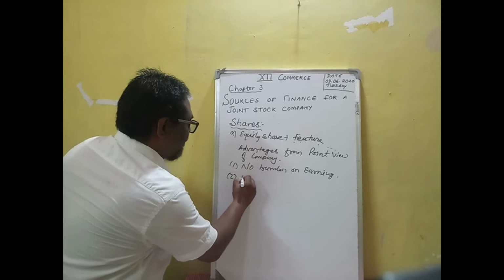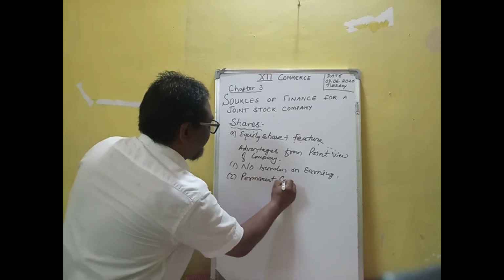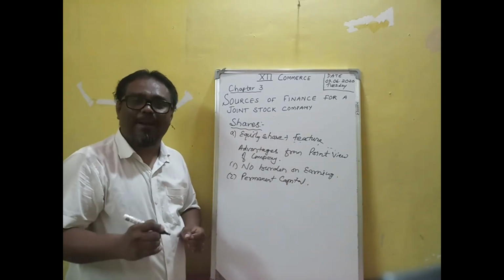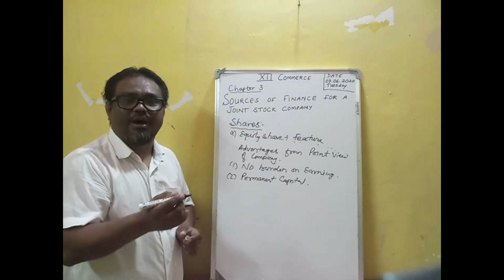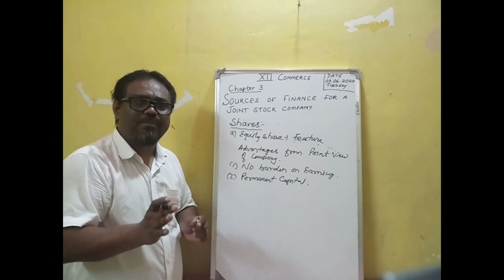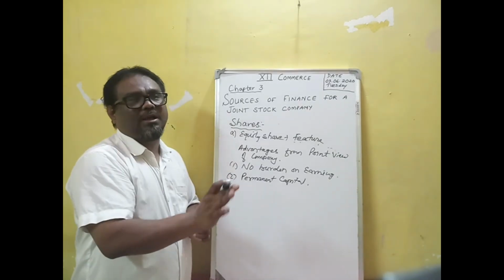Next is permanent capital. The equity share is a permanent capital of the company, because it is not redeemed to the shareholders in the lifetime of the company. Company will refund the capital of the equity shareholders only when the company is closed.